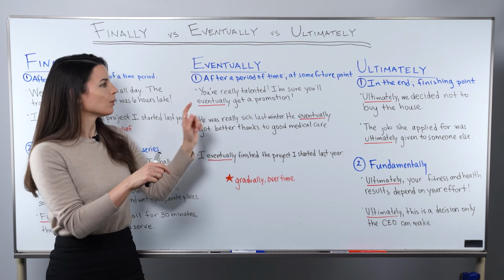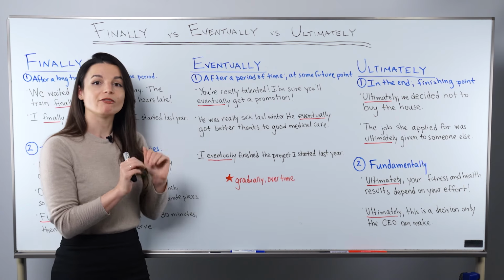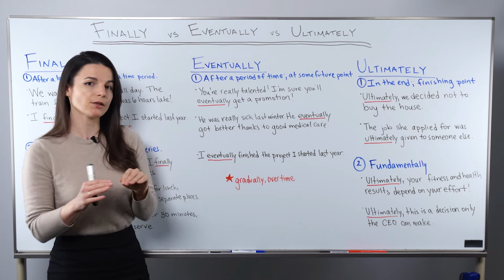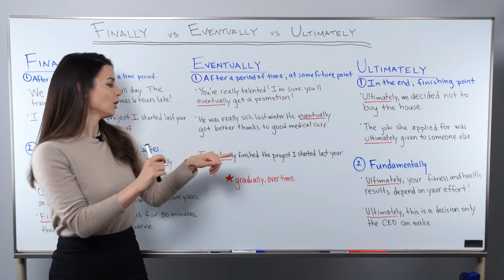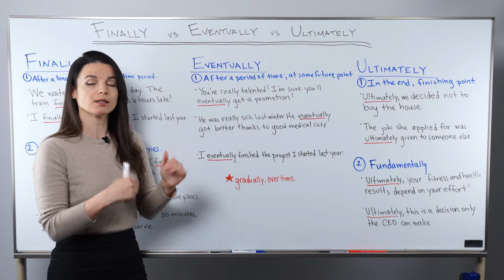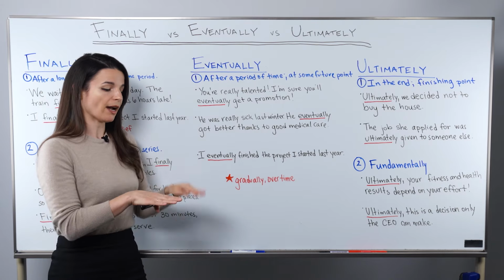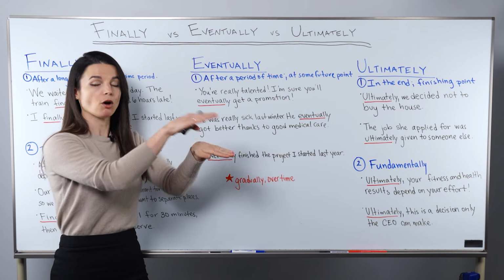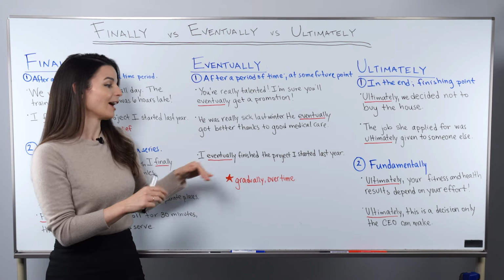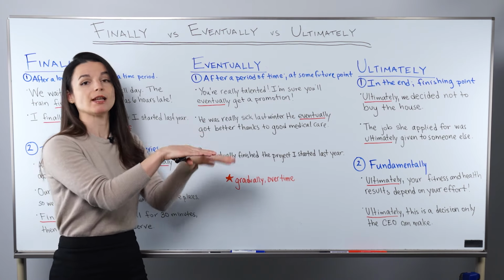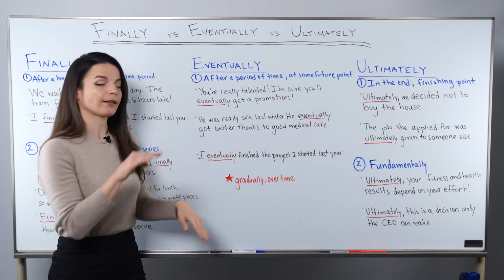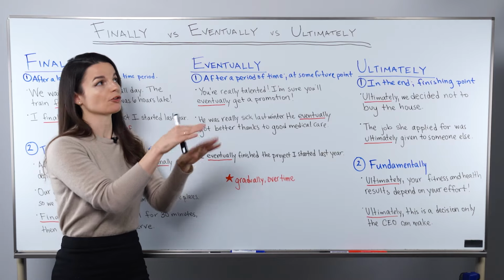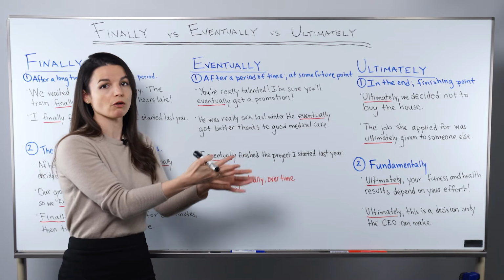So in this example, you're talented, I'm sure you'll eventually get a promotion. It sounds like gradually, through your hard work, you'll get a promotion. Or in this second example sentence, referring to medical care, gradually he got better and better over time. And this one too, I eventually finished the project step by step. This is kind of the feeling with eventually. We're talking about small steps towards a certain direction or a certain goal over time.